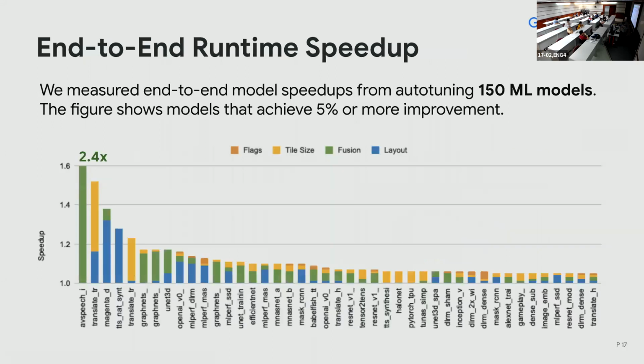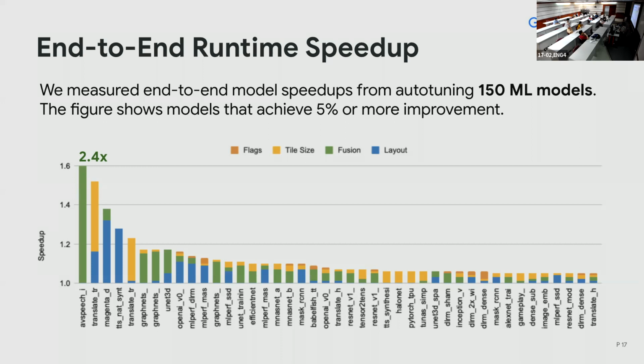All right, so let's put everything together. So we run our autotuner, including layout tuning, operator fusion tuning, tile size selection, and some of the low-level code generation tuning flags. We tune about 150 machine learning workloads collected from both production and research models at Google.